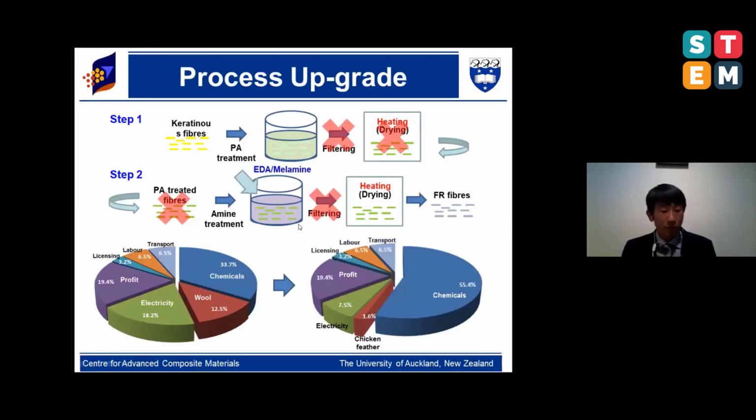So after the process simplification and replacing the host material from wool fiber to chicken feather, we achieved cost reduction. However, we are still using ethylene diamine, so there is room to decrease the cost with a cheaper reactive amine.